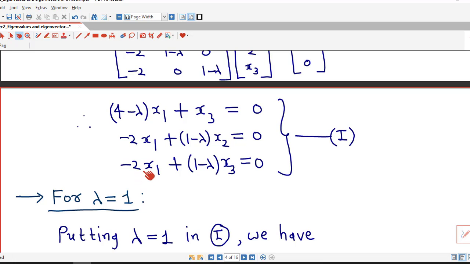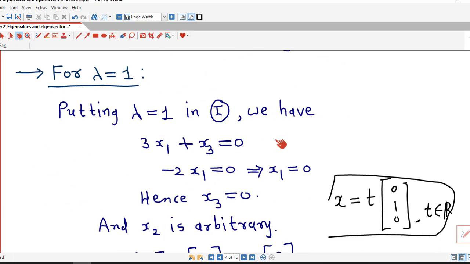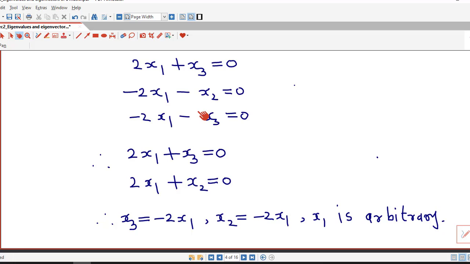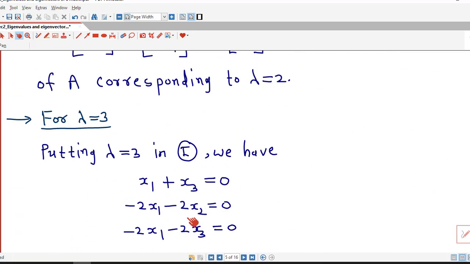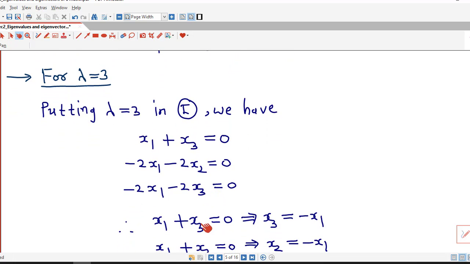And the last equation is minus 2x1 minus 2x3 equal to 0. So after putting lambda equal to 3 in system 1, we obtain these 3 equations, and from these 2 equations we can take minus 2 common. So we will have x1 plus x2 equal to 0 and x1 plus x3 equal to 0.